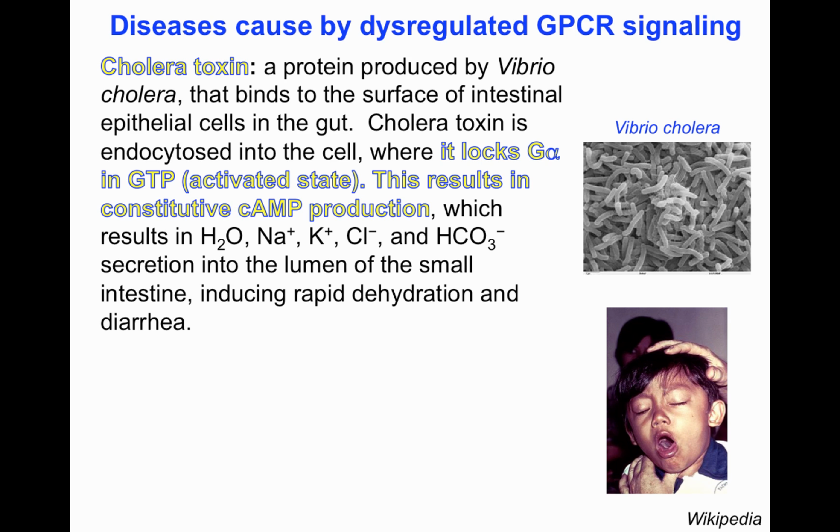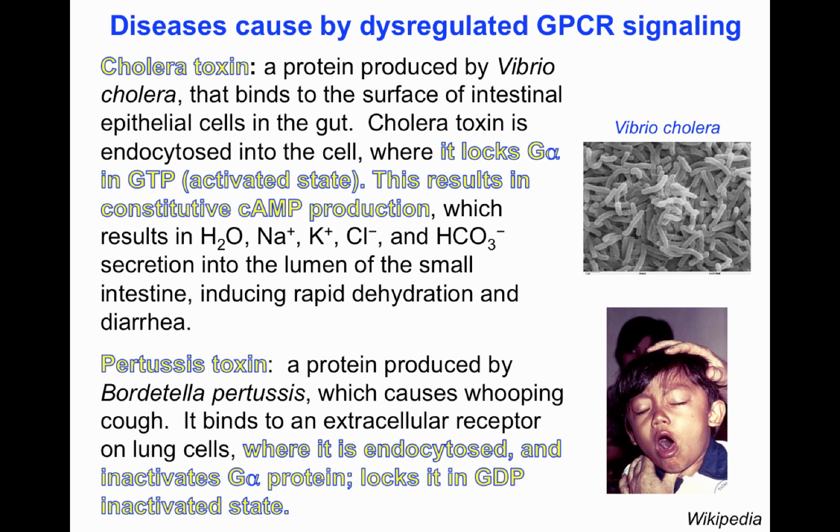This is going to result in an activation of the enzyme adenyl cyclase, which is going to produce cyclic AMP, which then is going to result in water, sodium, potassium, chlorine, and carbonate ions being secreted into the lumen of the small intestines, and that is going to lead to the diarrheal effect that is characteristic of cholera.